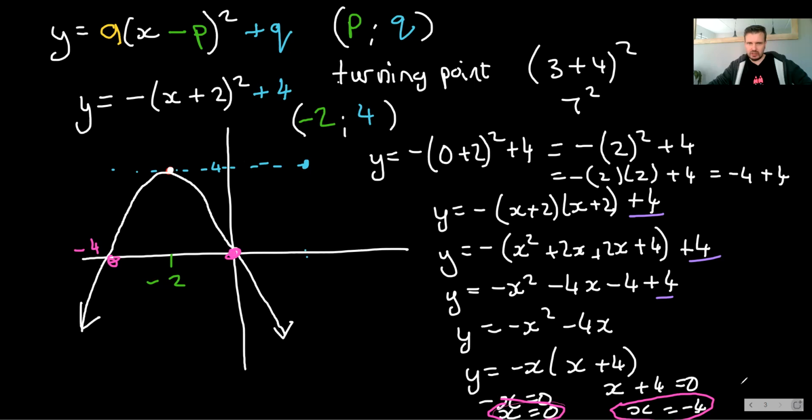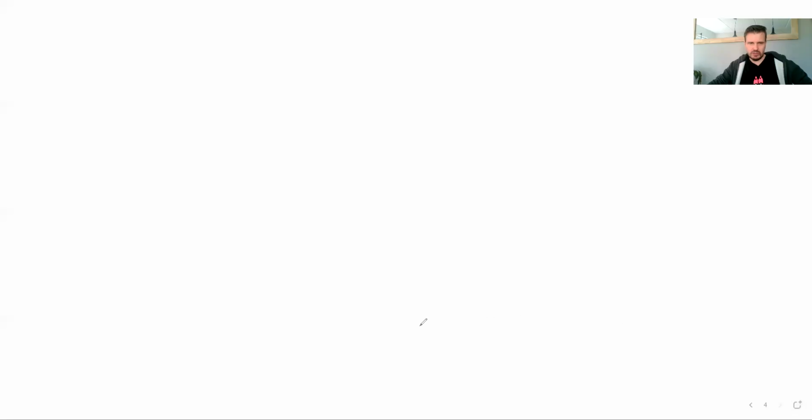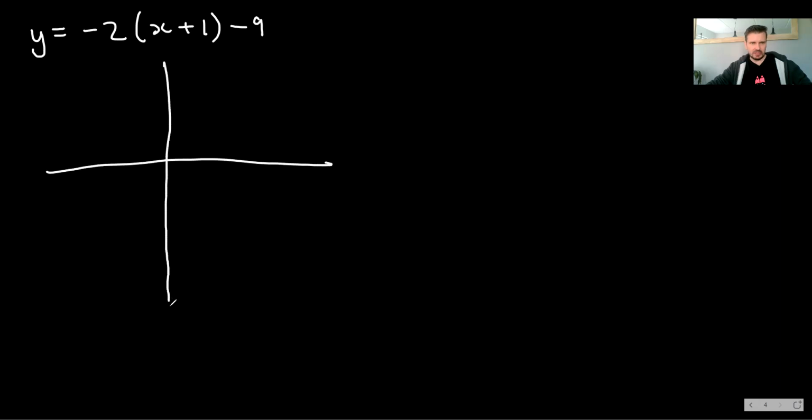Okay, so I want to do 2 more of these. We're not going to do the full thing. We just want to ring fence this idea of this turning point formula, how it might look. So you could have negative 2 times x plus 1 squared minus 9. Right? And again, don't worry about the minus 2. It's the turning point we're concerned with.